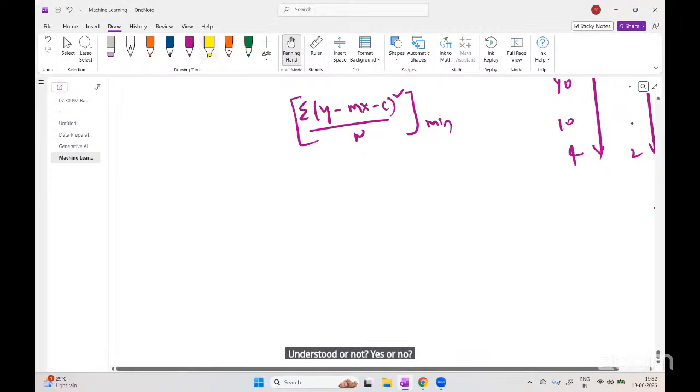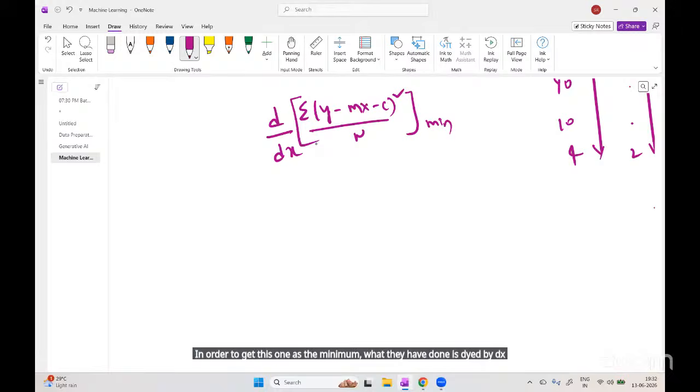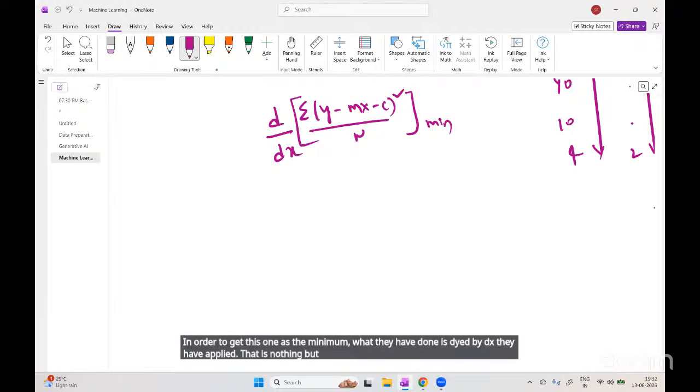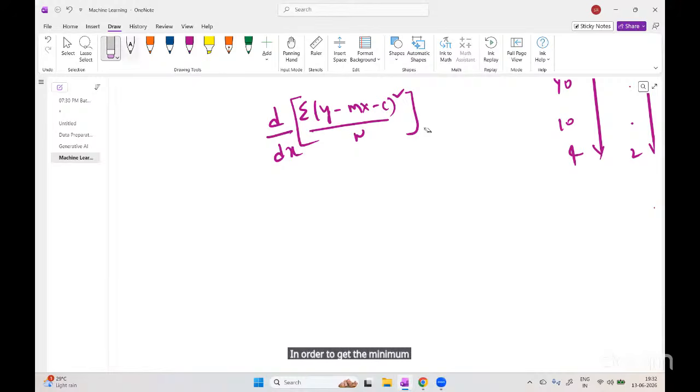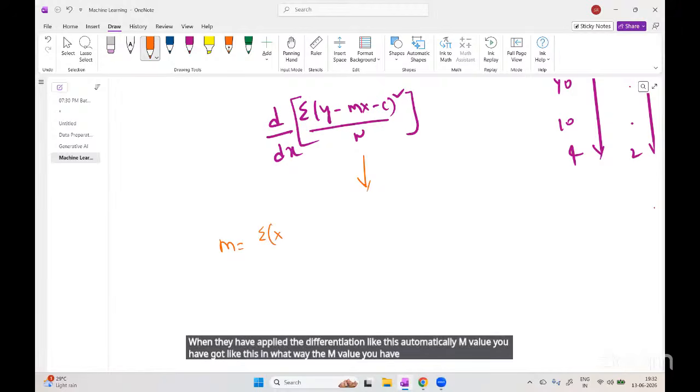In order to get this as the minimum, what they have done is apply dy by dx, that is nothing but differentiation. In order to get the minimum error, they apply the differentiation. When they applied the differentiation, automatically the m value you get is sigma of (x minus x bar) into (y minus y bar) divided by sigma of (x minus x bar) whole square.